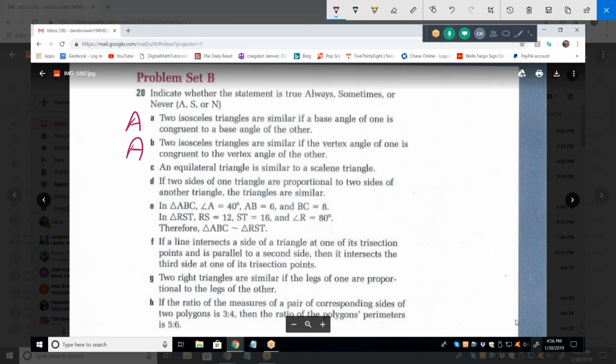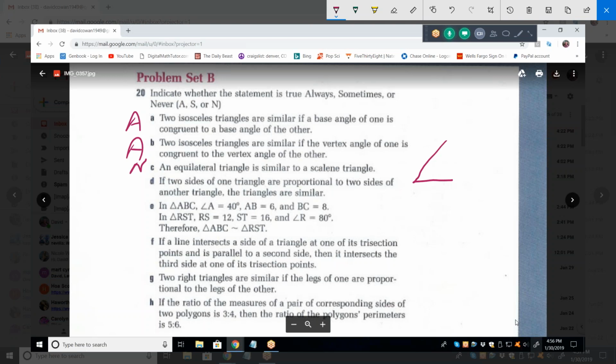An equilateral triangle is similar to a scalene triangle. That is never true. 2 sides of one triangle are proportional to 2 sides of another triangle. The triangles are similar. Well, let's draw a triangle like that.